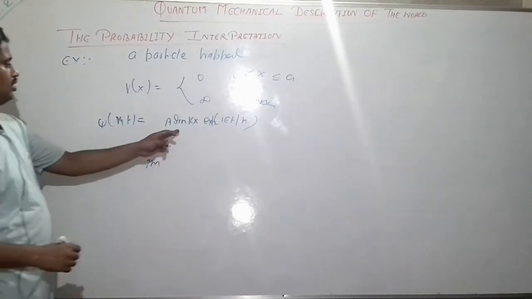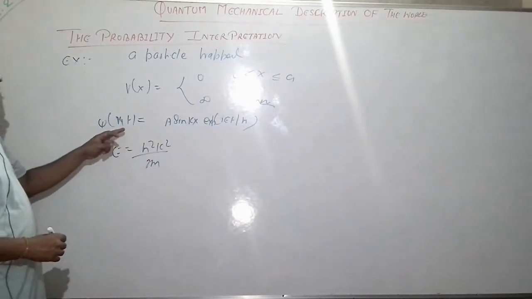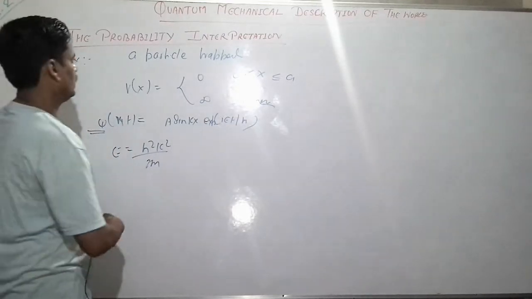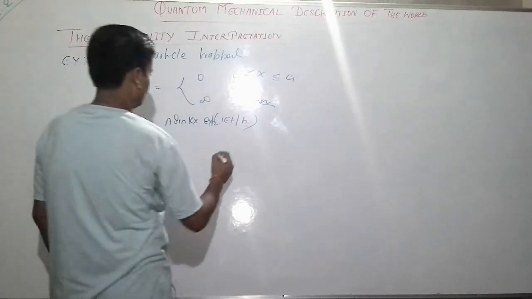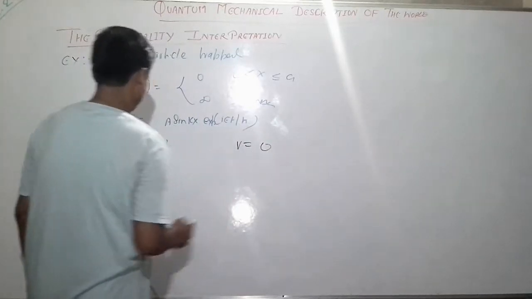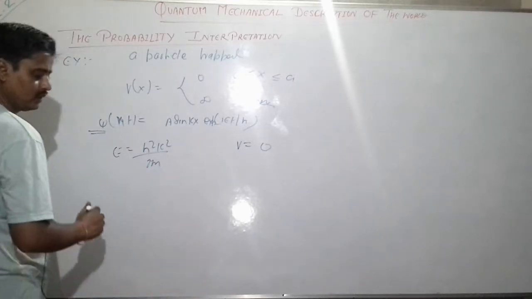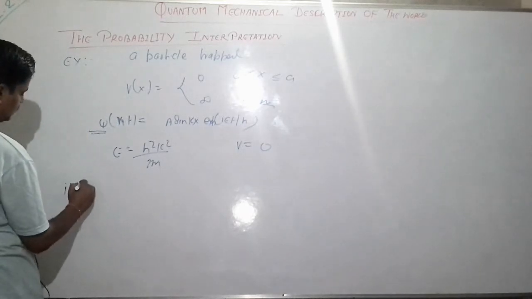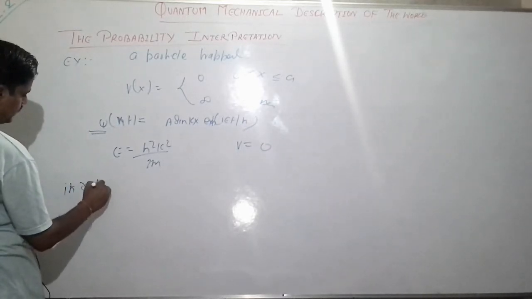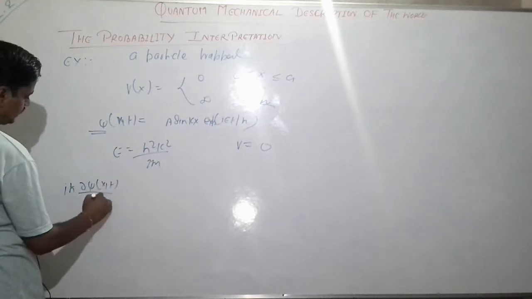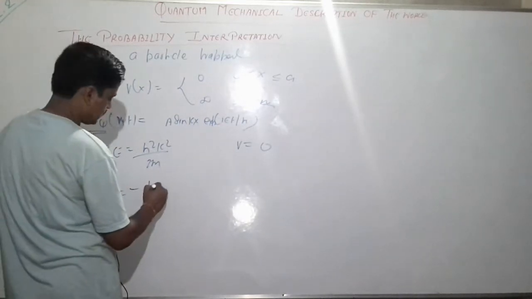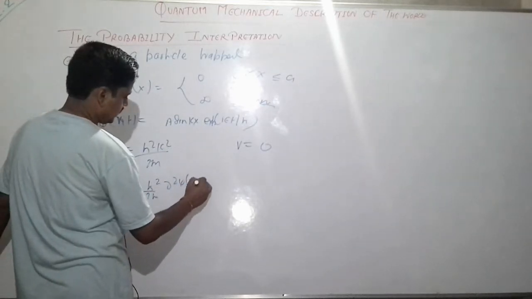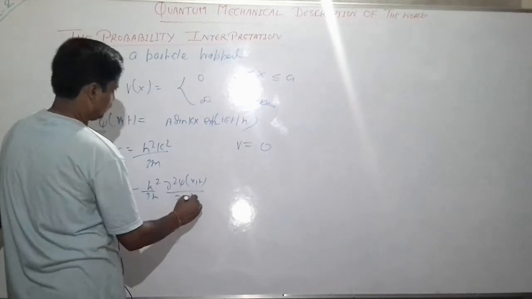So how can we prove that this wave function solves the Schrodinger equation? Here V(x) is 0, which means we can take V equal to 0, and the equation becomes i h-bar del psi(x,t) by del t is equal to minus h-bar squared by 2m del 2 psi(x,t) by del x2.